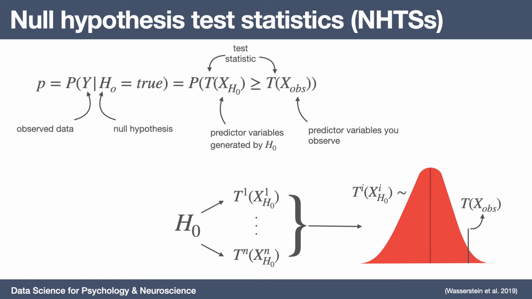So then what you do is you take the test statistic that you get from your empirical data and you see where it falls on this distribution. The farther out on the edges of the distribution your test statistic falls, the less likely it is that the data were generated from the null distribution.